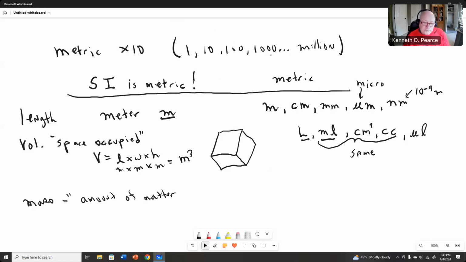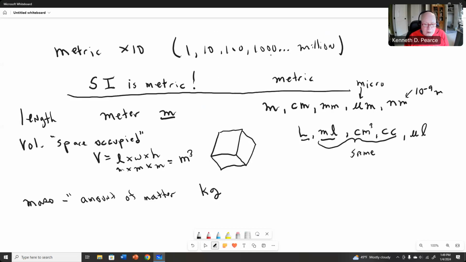And the interesting thing about mass is that where we have meters cubed, and then centimeters and millimeters and microliters and so forth, the interesting thing about matter is that the metric unit is actually the kilogram.